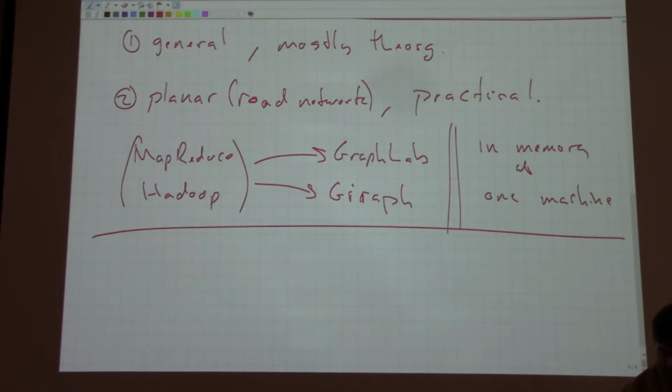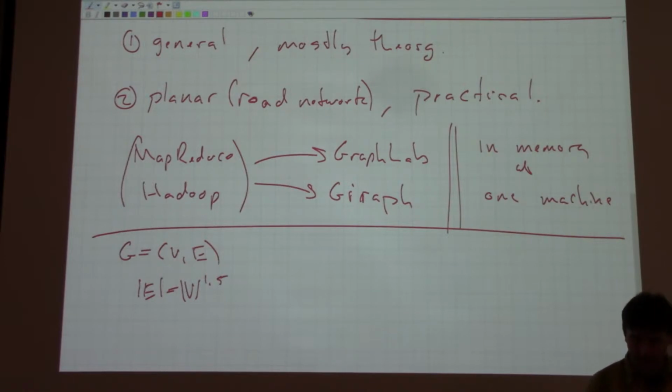The idea is now I want to go from a graph, where I'm going to think that the number of edges is something like the number of vertices to the 1.5, and I'm going to reduce this to a graph G prime, which is going to have the same vertices and another edge set E prime, where E prime is going to be a subset of the edges. And I might change some weighting on these edges, and I'll describe that.